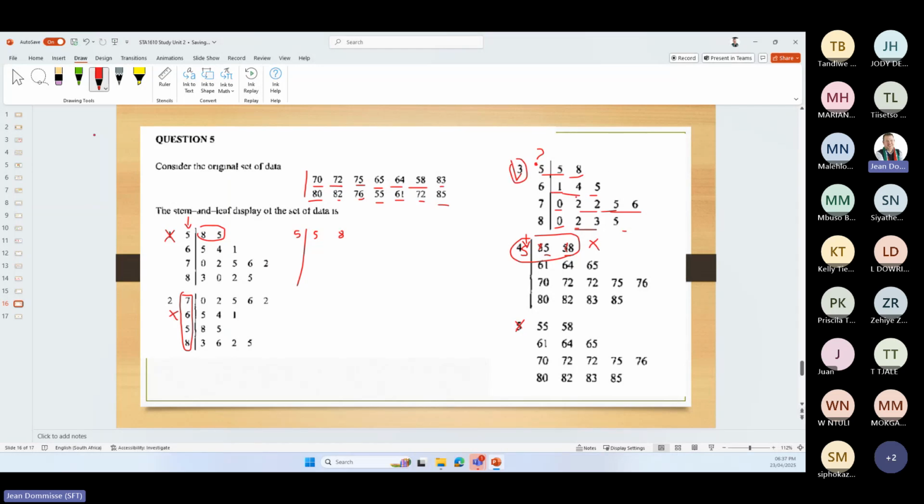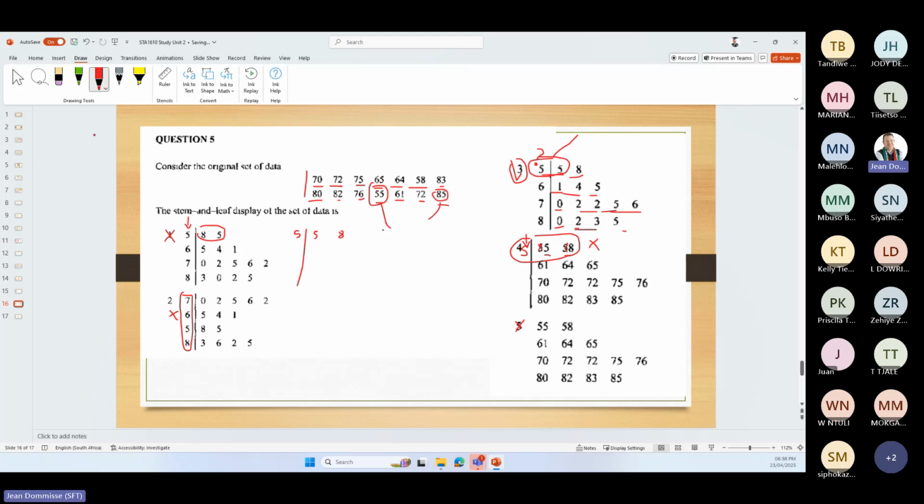And then just looking at a few things that we will cover in study unit 3: the smallest number is 55. The maximum number will be 85.